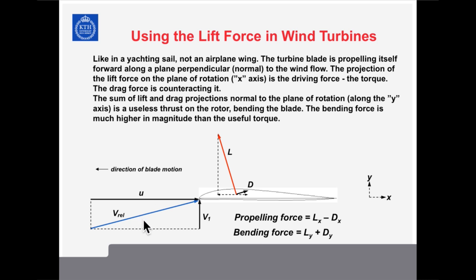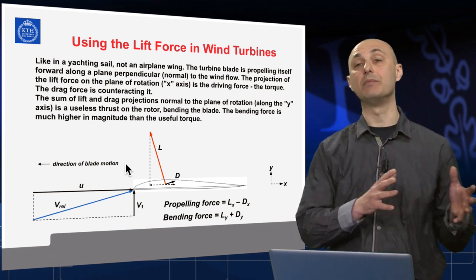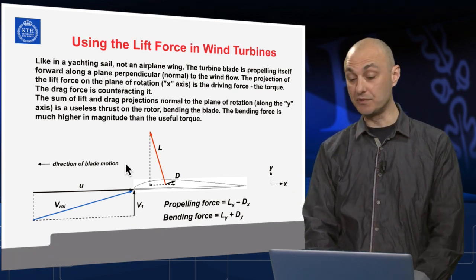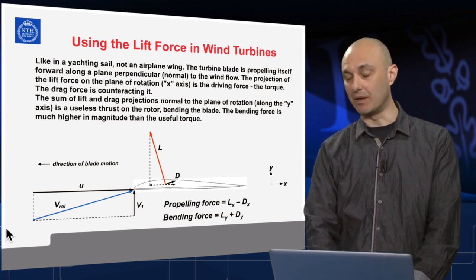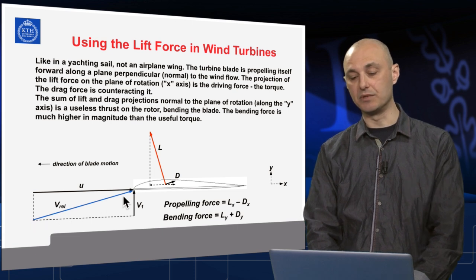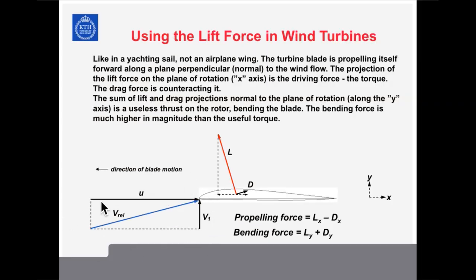The main wind is coming from here, and the imaginary wind that the blade creates by simply moving through the air is the speed of its translational motion, u, which can be expressed in this way, as if a wind was coming towards the blade just because it moves through the air. The resulting actual wind reaching the blade is the vector sum of the undisturbed wind approaching the blade and the translational motion of the blade.